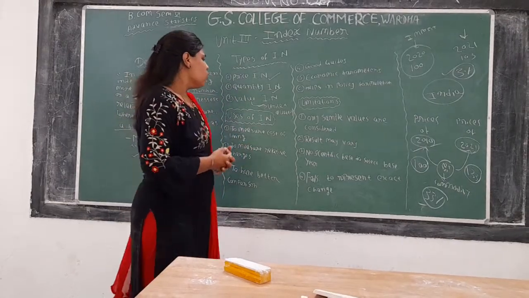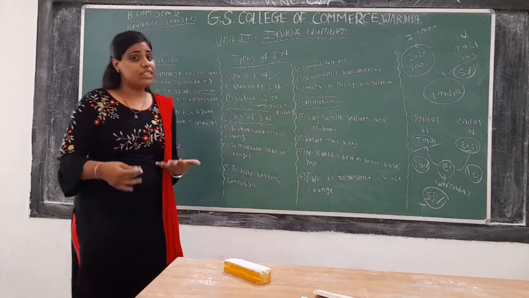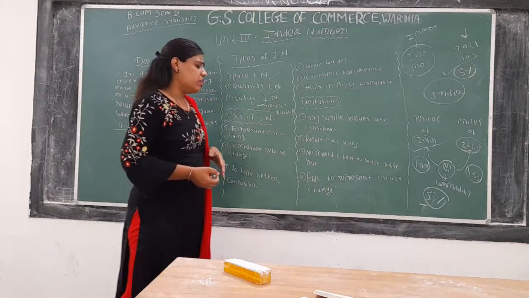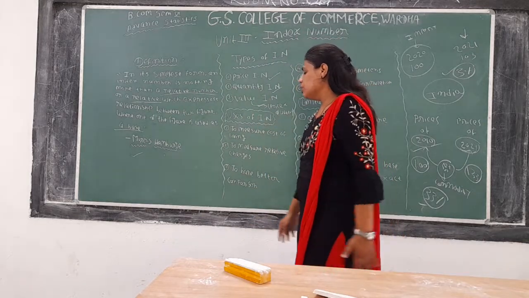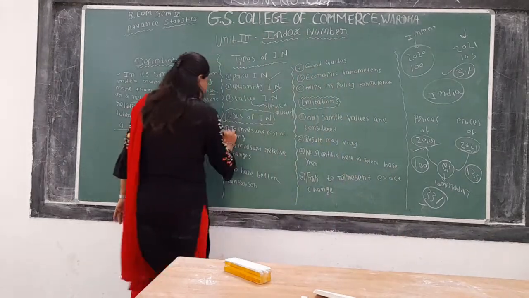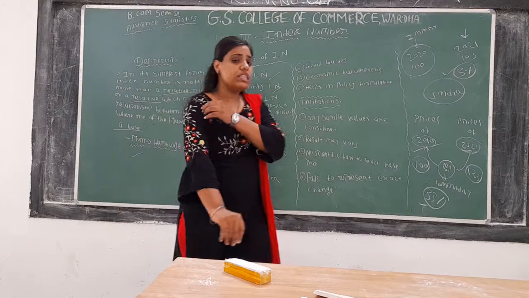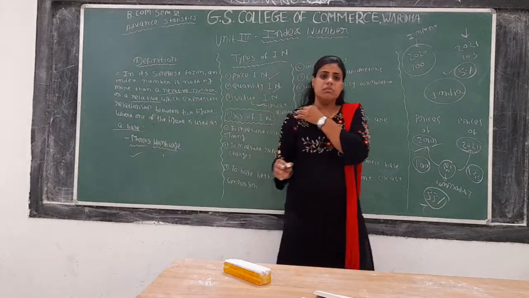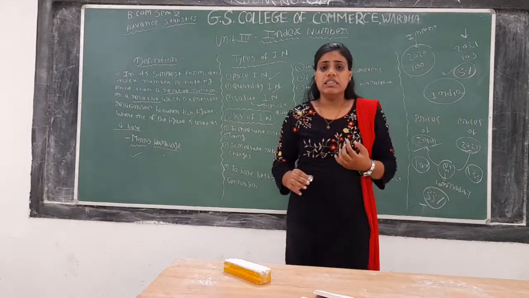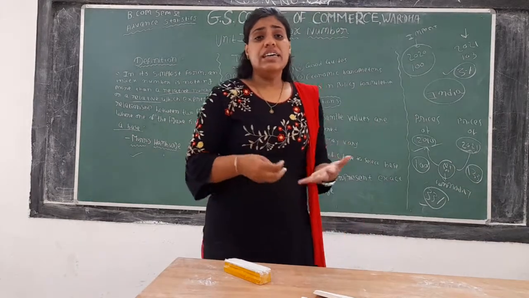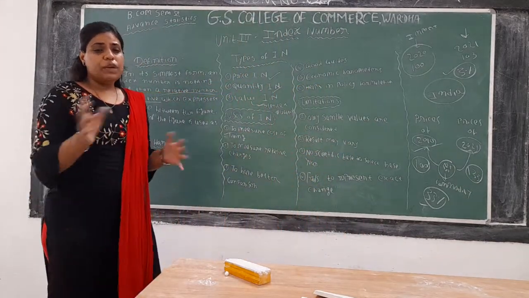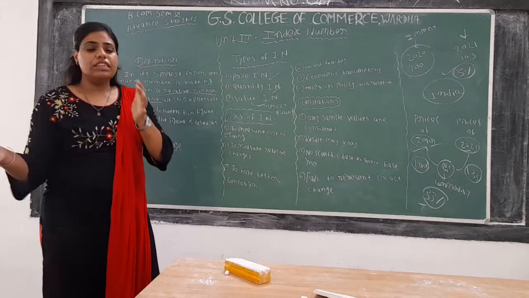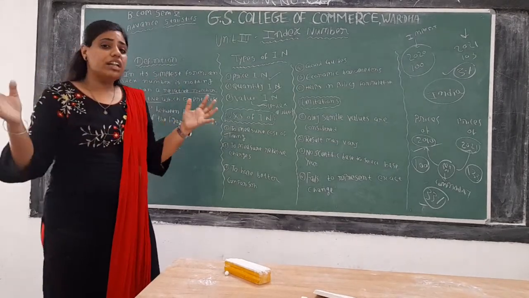Now we will see what are the uses, importance or the advantages of index number. For what purpose it is being computed. So let's see the purpose. Okay. First one is to measure cost of living. See, when we talk about the index number, it is basically a statistical measure. It is a relative measure which makes comparison between two periods of time or two different places or geographical locations.